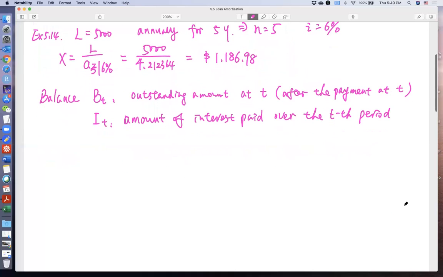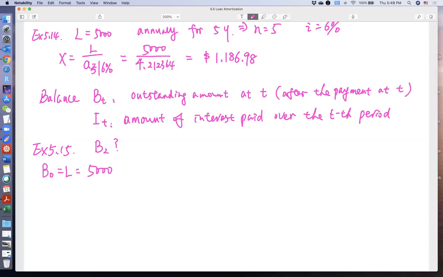What do we want in Example 5.15? We want to know the amount of loan outstanding immediately after the second loan payment, so we want to know B2. Obviously, the very first B0 is equal to L, that is $5,000.